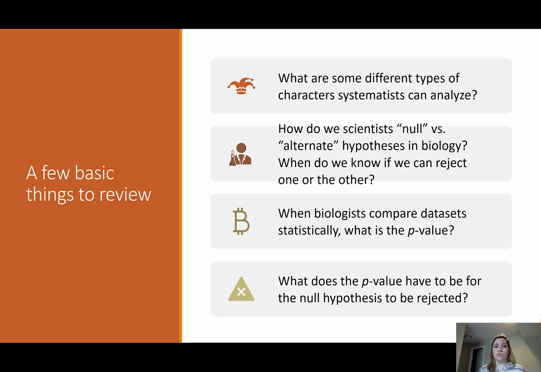And the cutoff is usually 0.05. A p equals 0.05 value, which is equal to 5%. So if your p-value is 0.05 or less, your null hypothesis is most likely not true, and so you're going to reject it. If your p-value is above 0.05, then you will tend to either accept or fail to reject the null. So keep those ideas in mind.